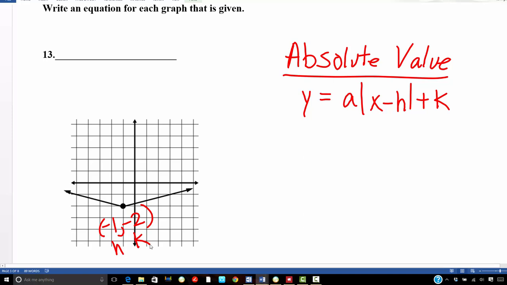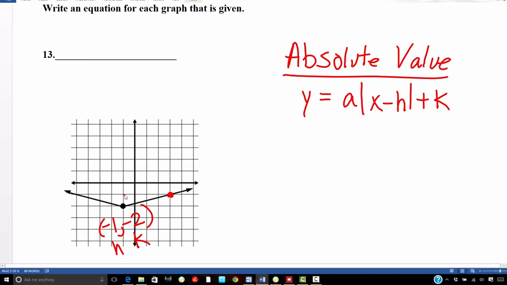The only other thing we need to do is we need to be able to find the amplitude. So the amplitude, remember we need to find one other point on this graph. So it looks like we've got a point right here. The amplitude is similar to the slope, or we could pick this point right here. Either way, we want to count up and over, just like rise over run. So we're going up 1, over 1, 2, 3, 4.